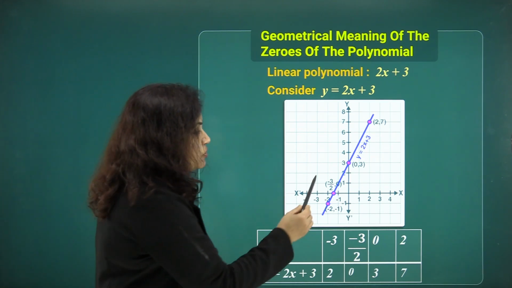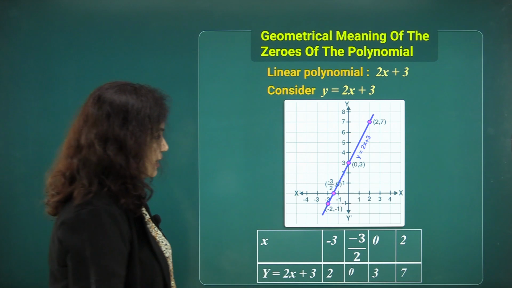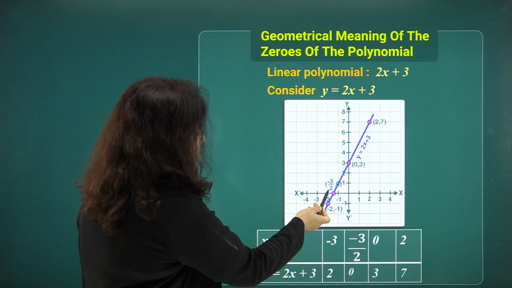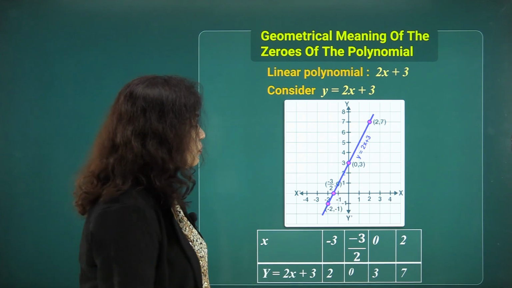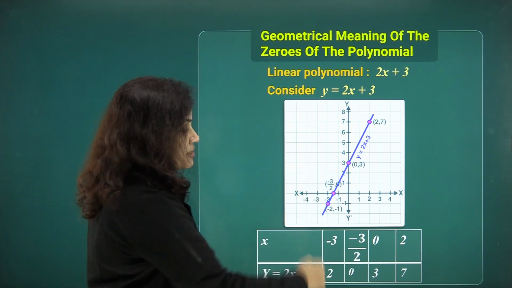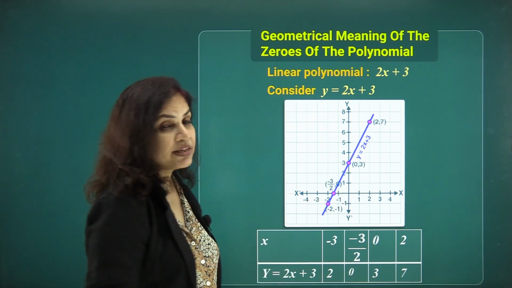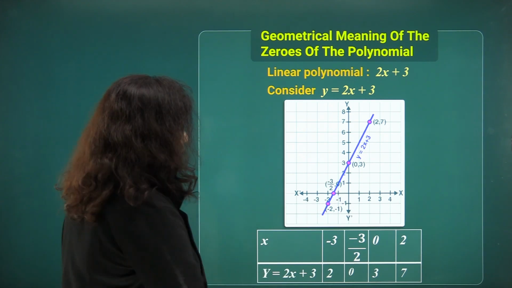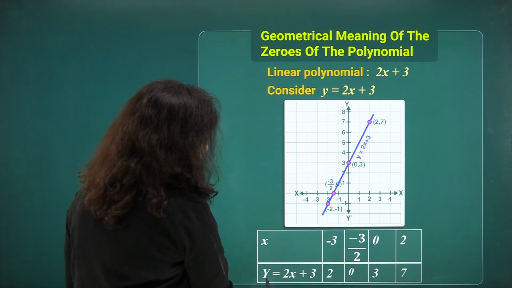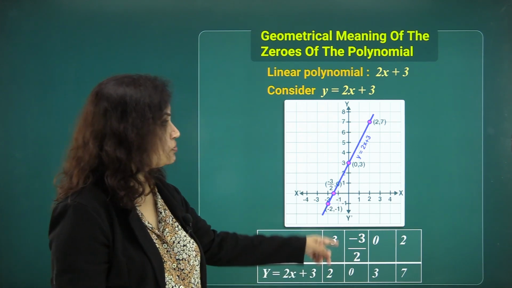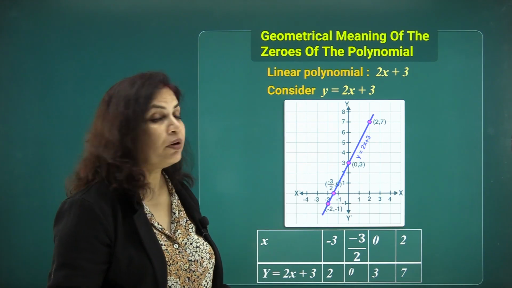The point where the graph intersects the x-axis, I can see it intersects the x-axis at minus 3 upon 2, comma 0. It intersects the x-axis at the point where the value of x is minus 3 upon 2, and we know putting x equal to minus 3 upon 2 has given y equal to 0, and y is nothing but my linear polynomial.